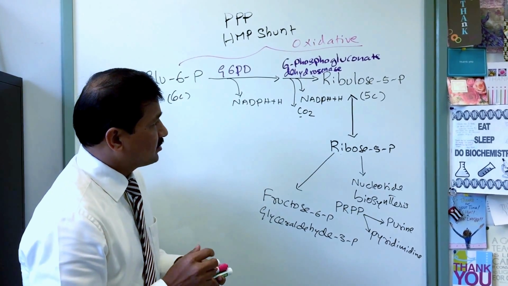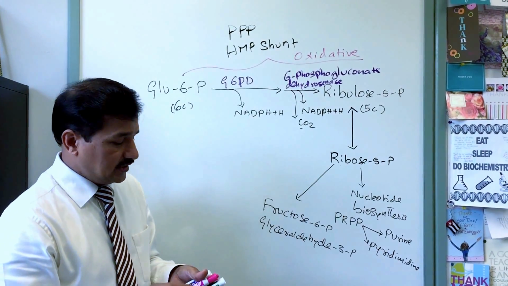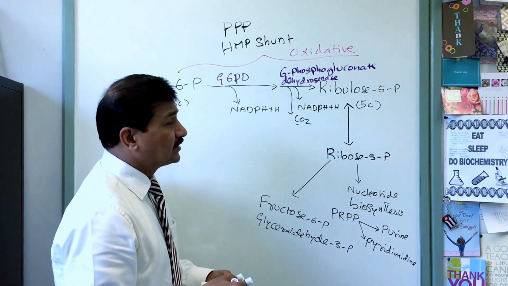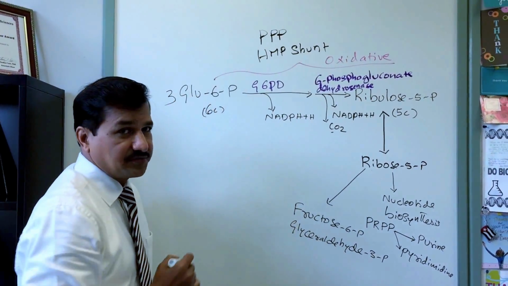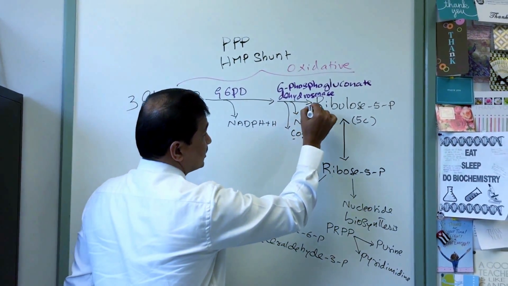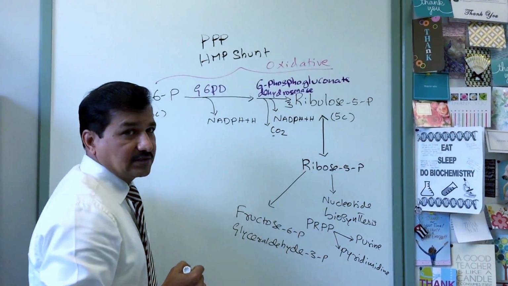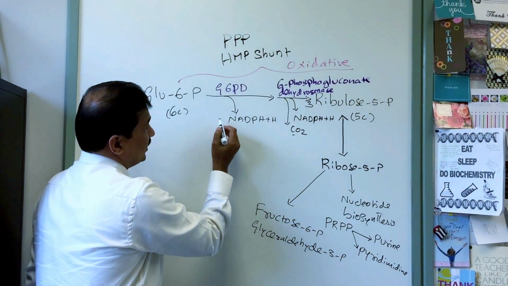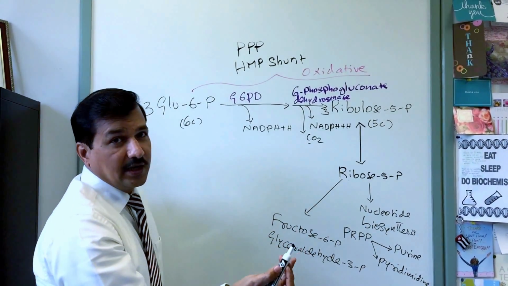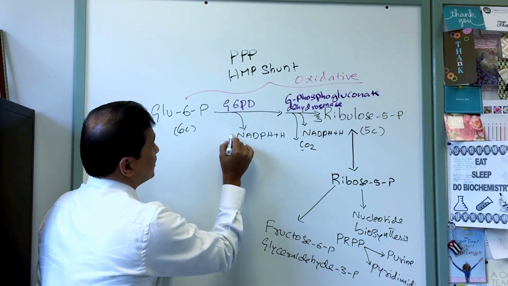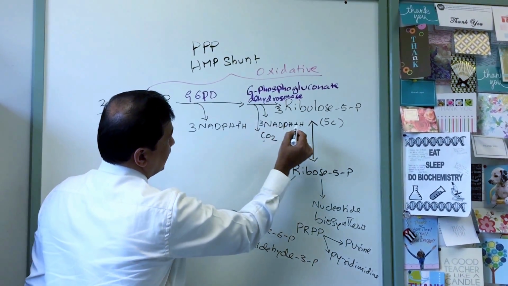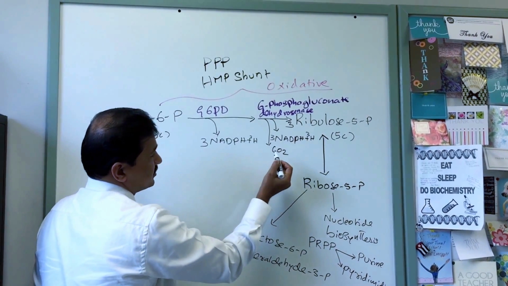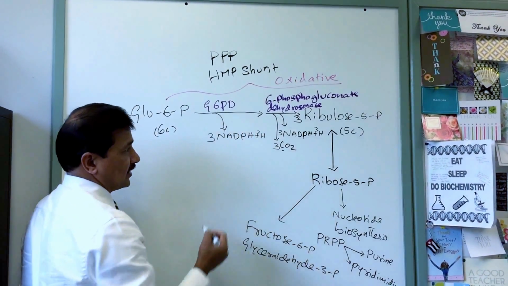To explain that concept, I'll take 3 molecules as an example. So I'll take 3 glucose 6-phosphate. It means you get 3 ribulose 5-phosphate. Accordingly, you are going to get 6 NADPH plus H plus, that is 3 NADPH plus 3 H plus from one reaction and another 3 from the other, and 3 carbon dioxide.